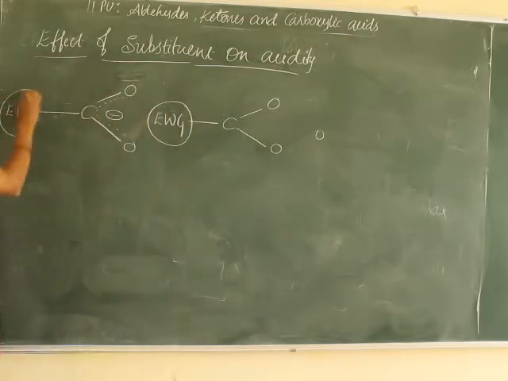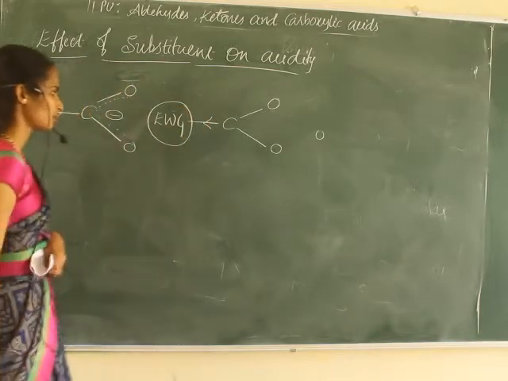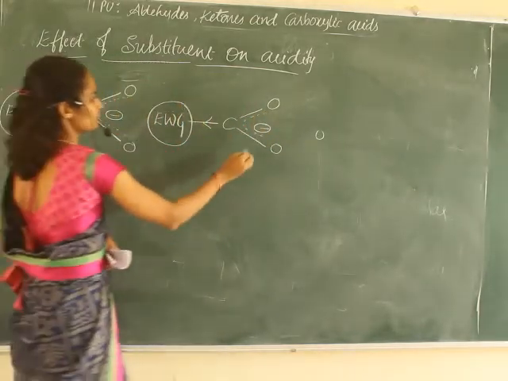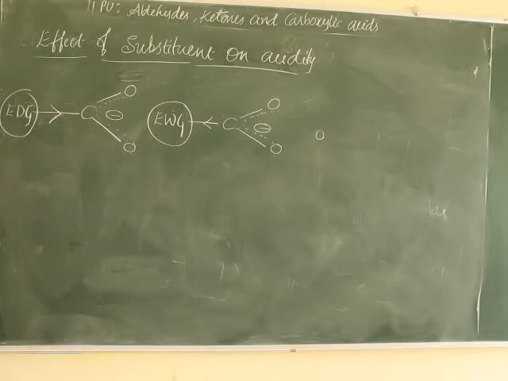The donating group gives electrons. The presence of an electron donating group destabilizes the carboxylate anion, which decreases the acidity of carboxylic acids. Why does it decrease the acidity? Because the electron donating group increases the electron density on the carbon atom.